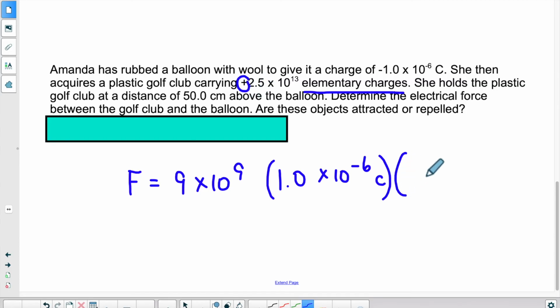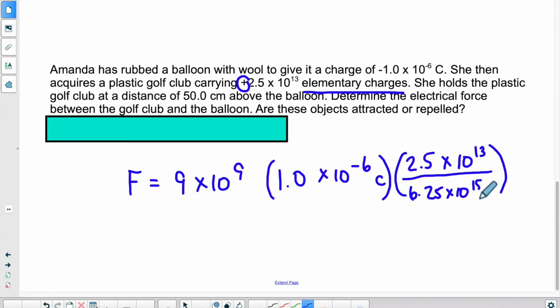So what do we need to do? We need to take the 2.5 times 10 to the 13, and you might want to do this in a separate calculation. And we need to divide this by the number of charges in 1 Coulomb. If you recall, what it is, 6.25 times 10 to the 18 protons in this case, okay? So that will give us the number of Coulomb that this actually represents.